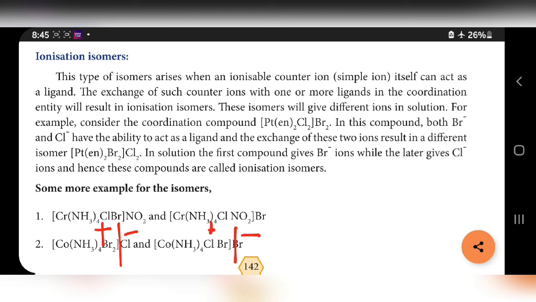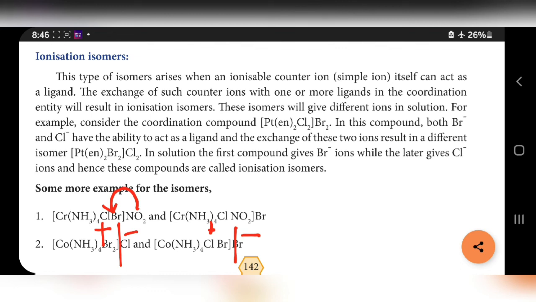The exchange of such a counter ion with one or more ligands in the coordination entity will result in ionization isomers. These isomers will give different ions in solution. As I already said, ionization isomers have the same molecular formula but different ions in solution.